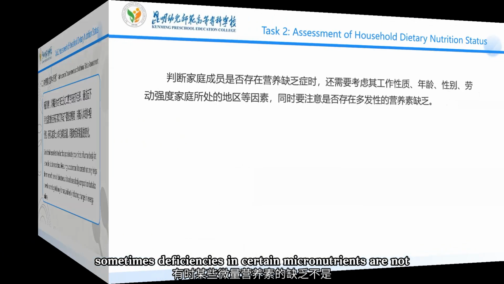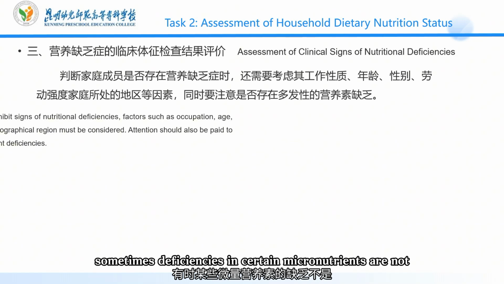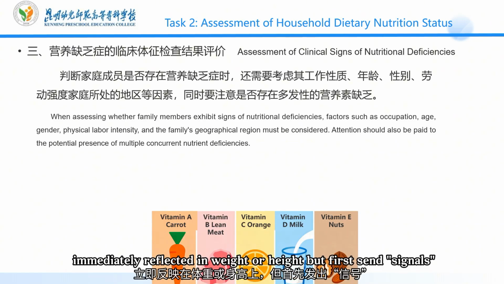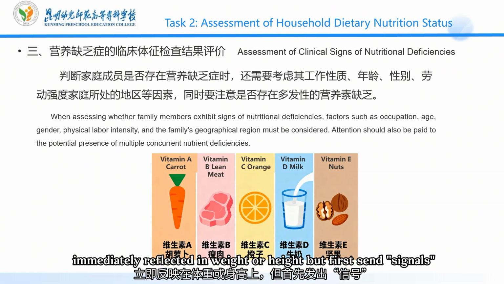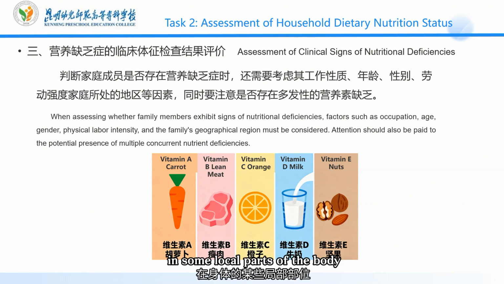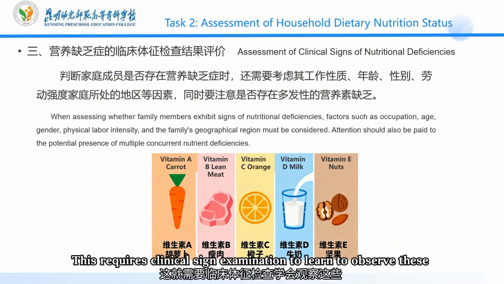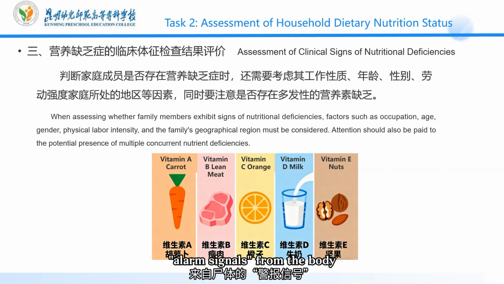However, sometimes deficiencies in certain micronutrients are not immediately reflected in weight or height, but first send signals in some local parts of the body. This requires clinical sign examination to learn to observe these alarm signals from the body.